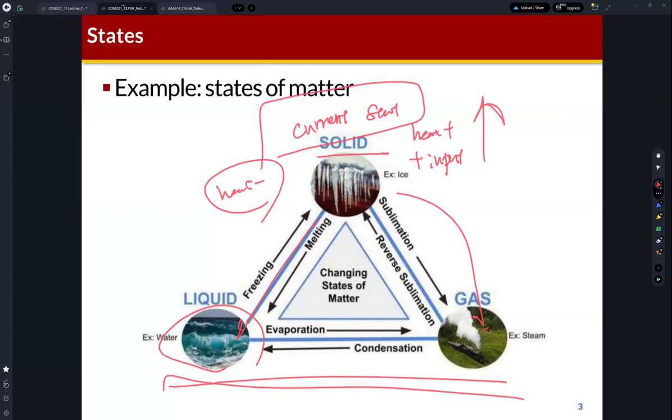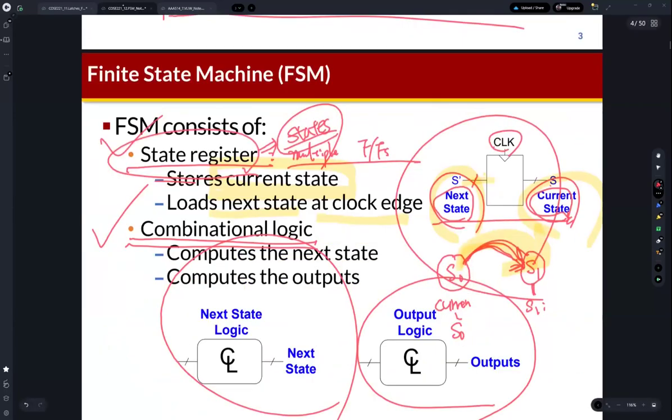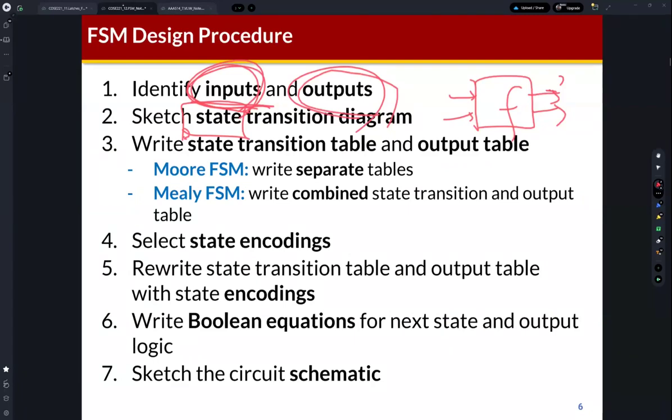So this is the example. There are multiple states in an FSM, and these states are changed by input signals. So we can define the state transition diagram.